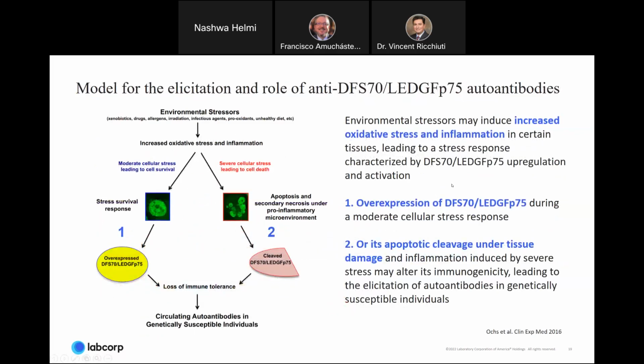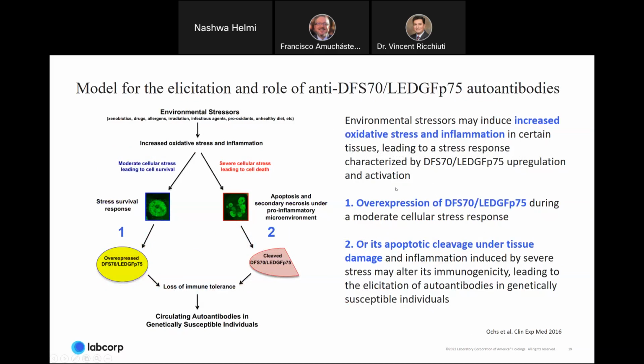So now, how do we explain why anti-DFS antibody exists? It's shown in that little cartoon here. It starts with environmental stressors that may induce increased oxidative stress and inflammation in certain tissues, caused by drugs, allergens, irradiation like UVB, infectious agents, pro-oxidants, unhealthy diet, even smoking.